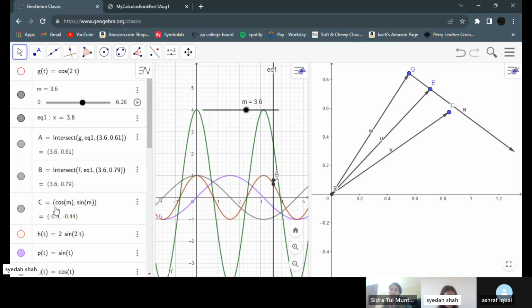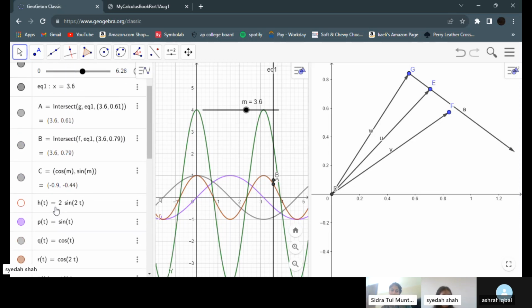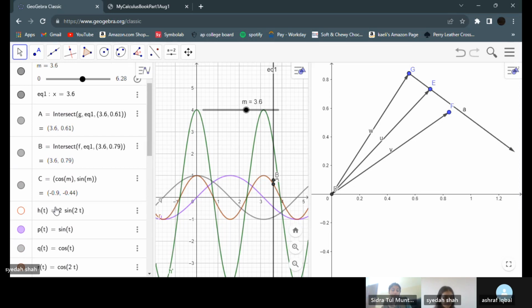Yes. When we traced the circle we made the position vectors, and after making the position vectors, we found the velocity. And the magnitude of that velocity is 0.94, which is approximately equal to 1. Now look at this point, which is saying cos of m and sine of m.